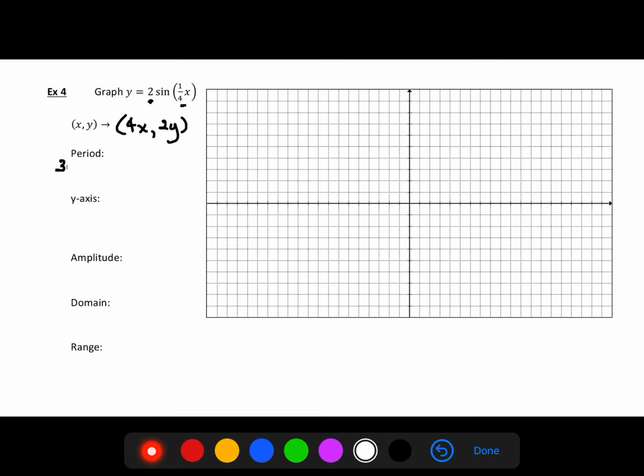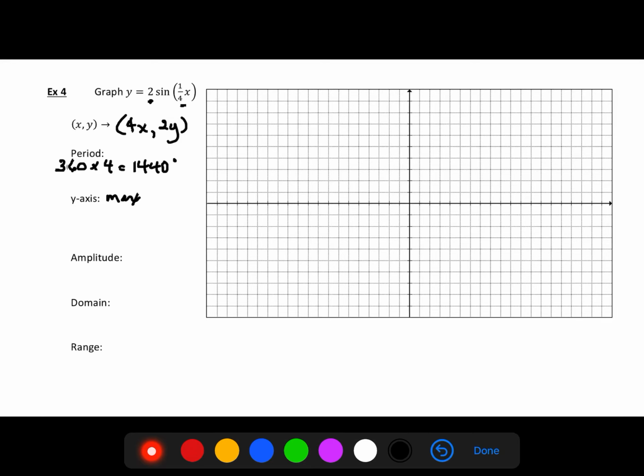Multiplying our x values means that our period is going to change as well. Our period of 360 gets multiplied by the reciprocal of 1/4, which is multiplying by 4. So our period is now going to be 1440. One cycle is going to happen in 1440 degrees.